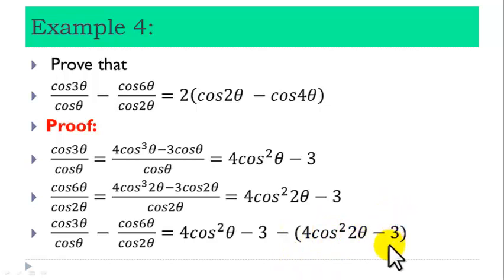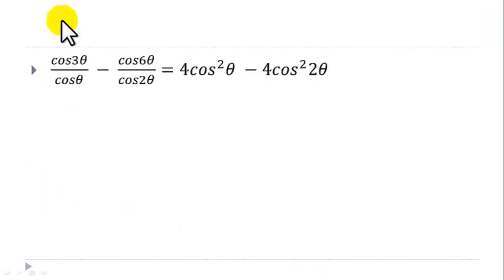When this bracket is open, the minus 3 plus 3 will cancel out. So this will then give us cos 3θ over cosθ minus cos 6θ over cos 2θ equal to 4cos²θ minus 4cos²2θ.